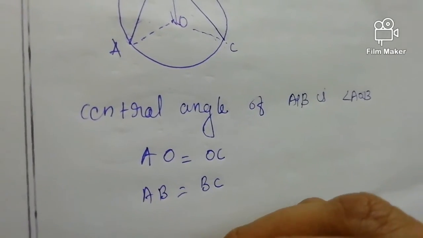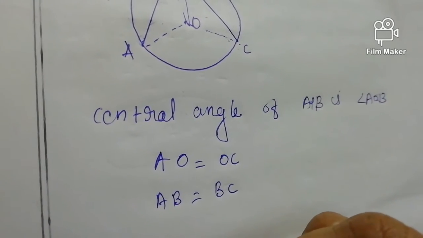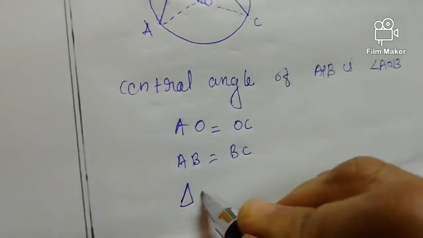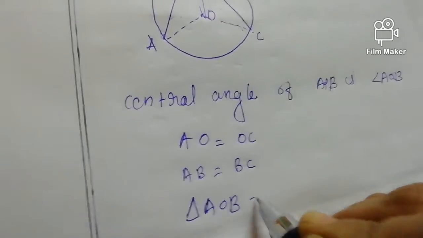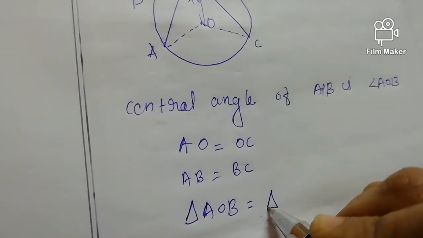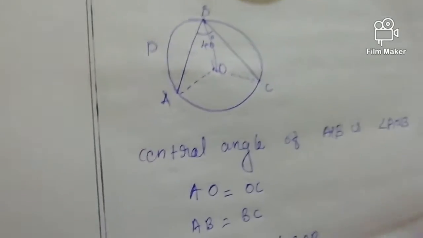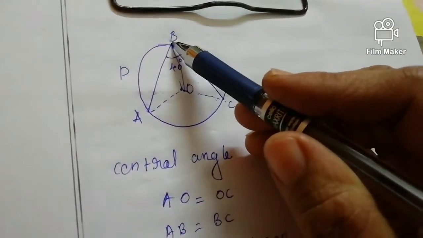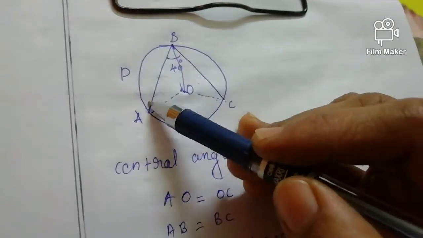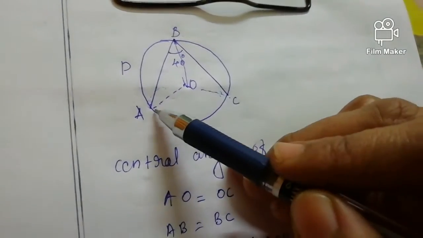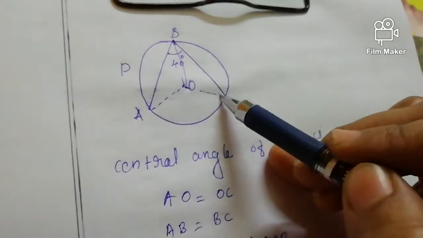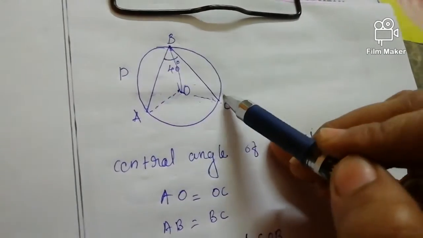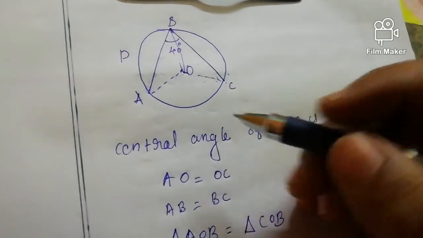Using the congruency property of triangles, we can write triangle AOB is congruent to triangle COB, because AB is equal to BC from our question, and these other sides are also equal because they are radii.